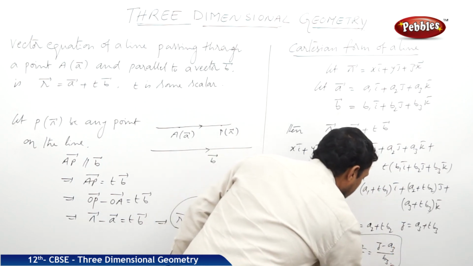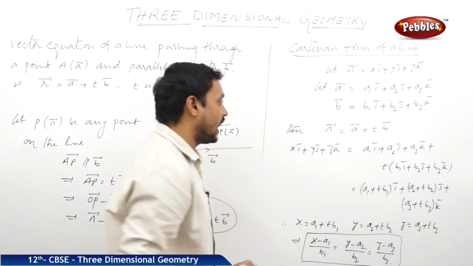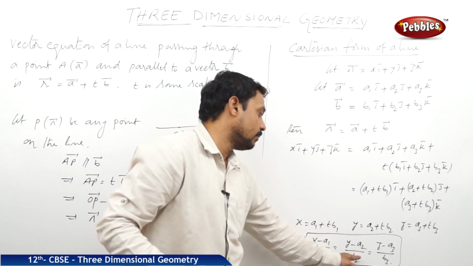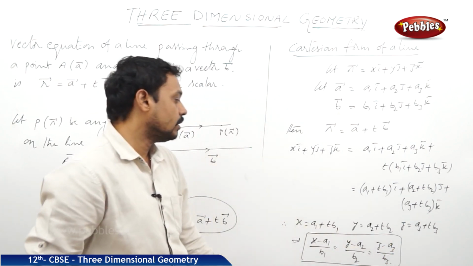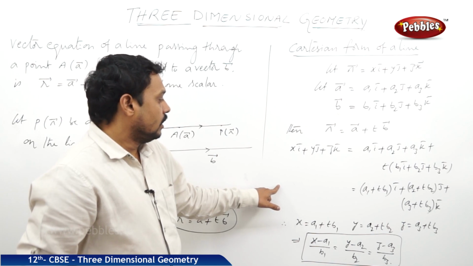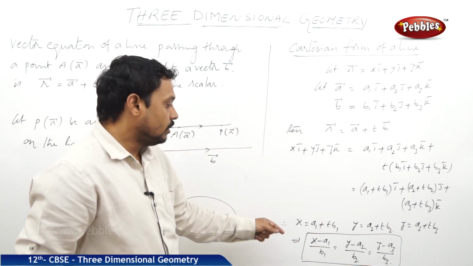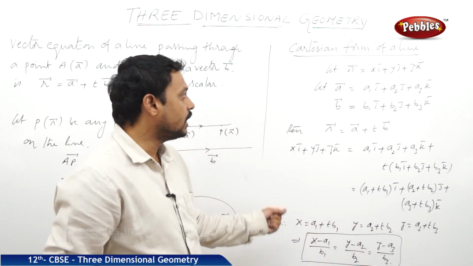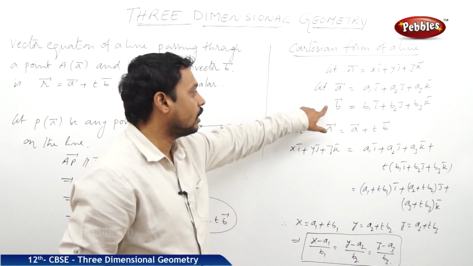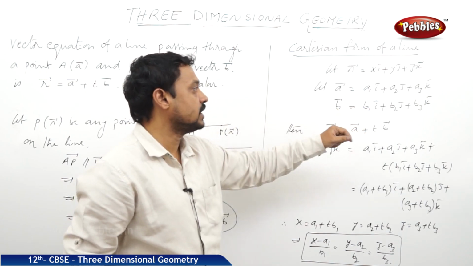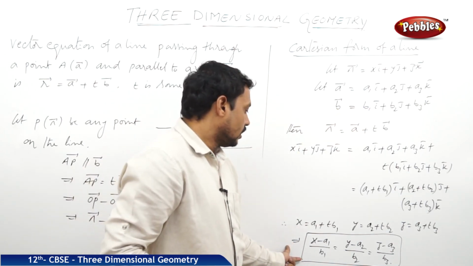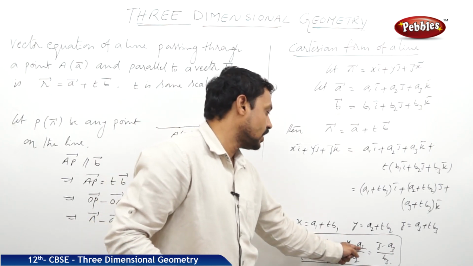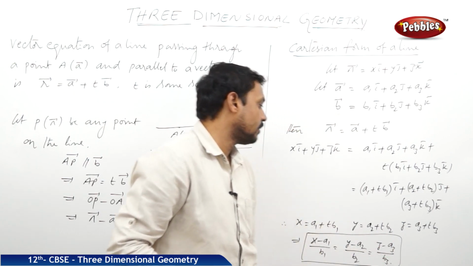Therefore, this is the Cartesian form of a line: x minus a1 by b1, y minus a2 by b2, z minus a3 by b3. Therefore, the Cartesian equation of a line which passes through the given point a1, a2, a3 and is parallel to the vector b1i plus b2j plus b3k is given by x minus a1 by b1 is equal to y minus a2 by b2 is equal to z minus a3 by b3.